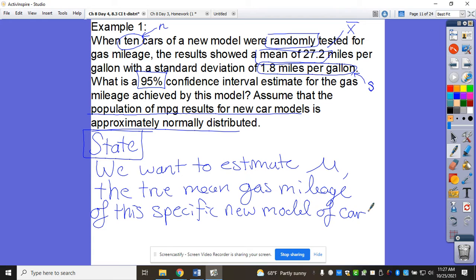And then how do I finish that? With 95% confidence. So nothing in state changes from Friday.